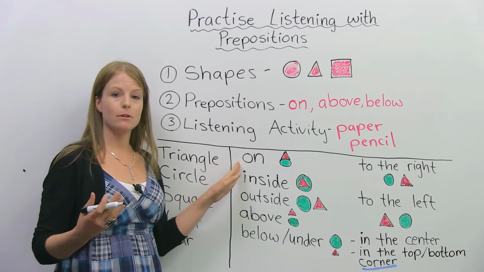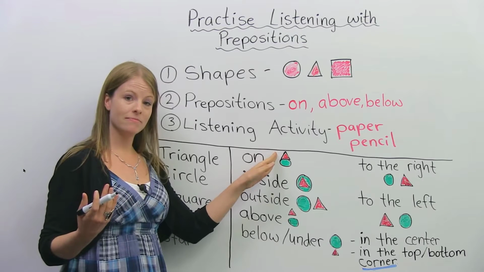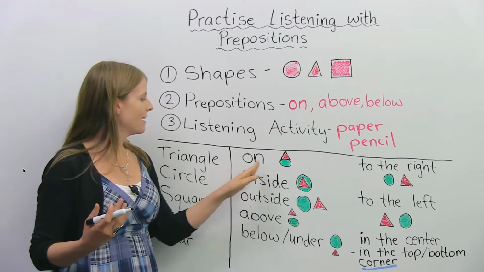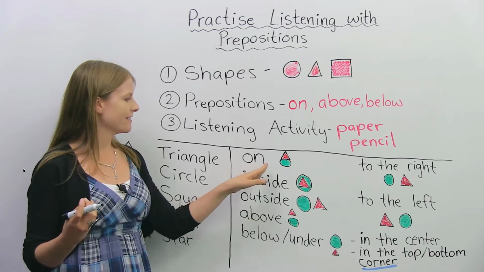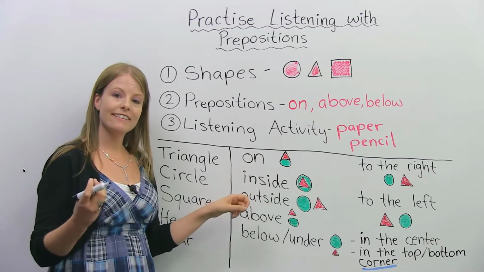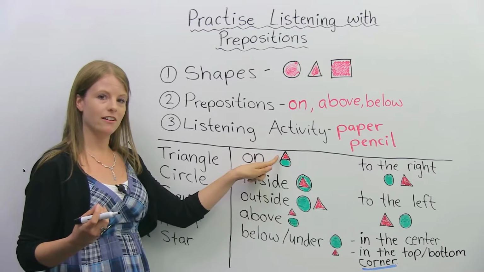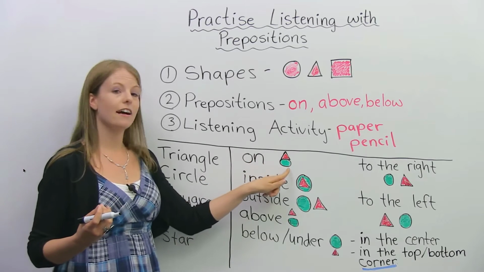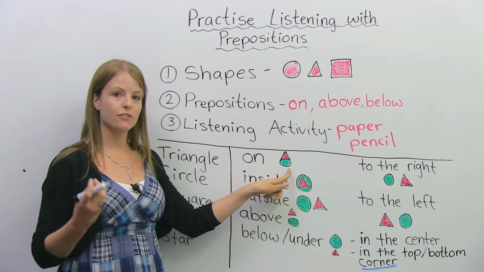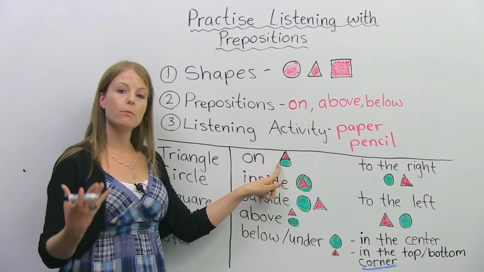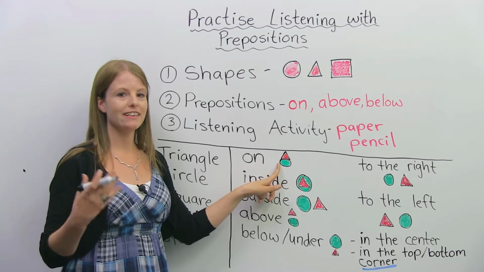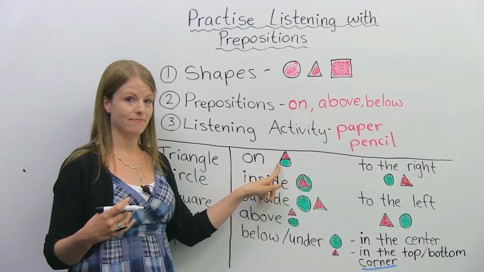For example, I have here our triangle and our circle, and I have the preposition on. If we look at this, I could say there is a triangle on a circle. So we will be using the preposition on later in our listening activity.